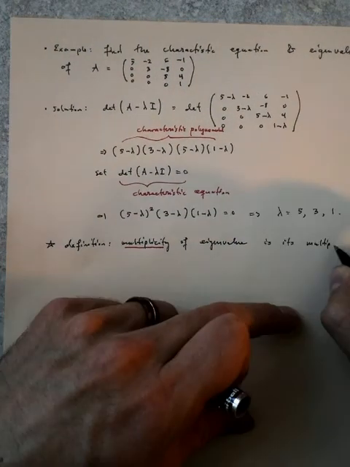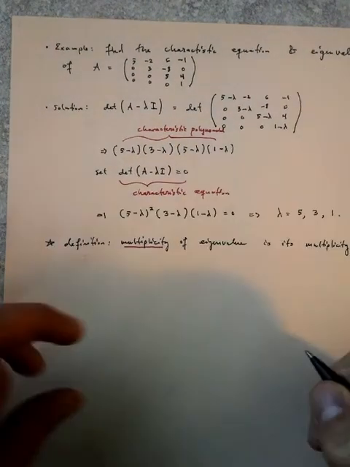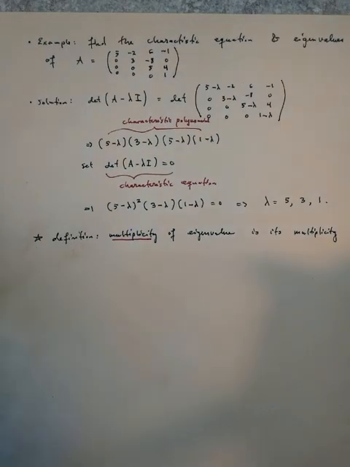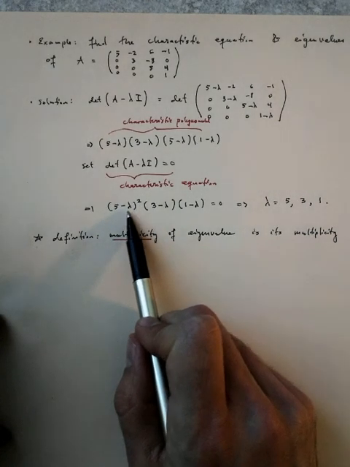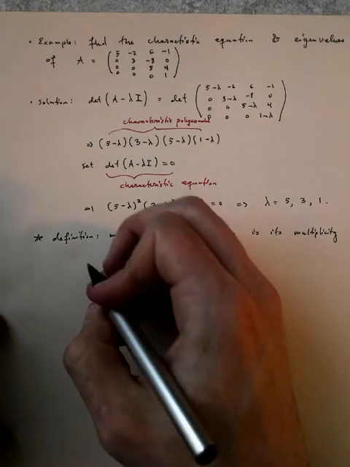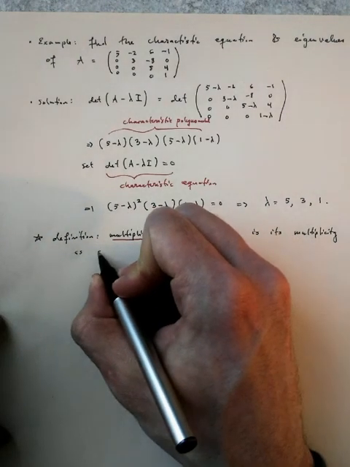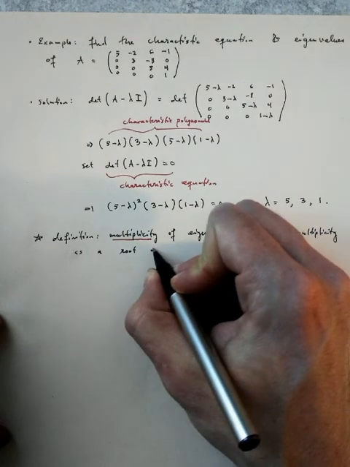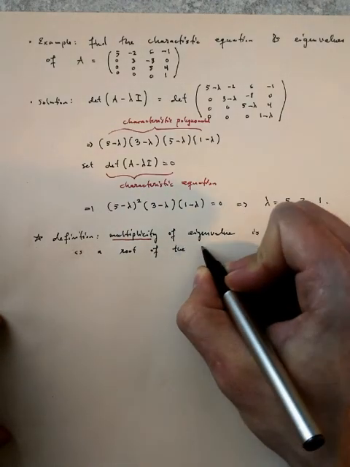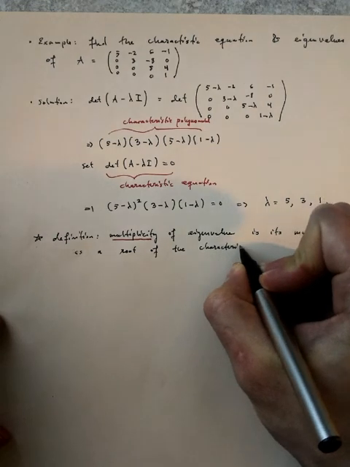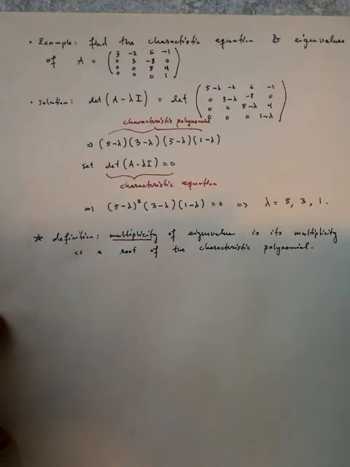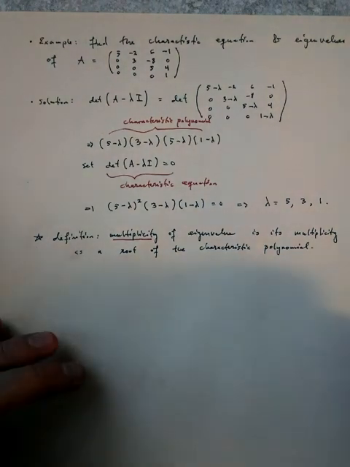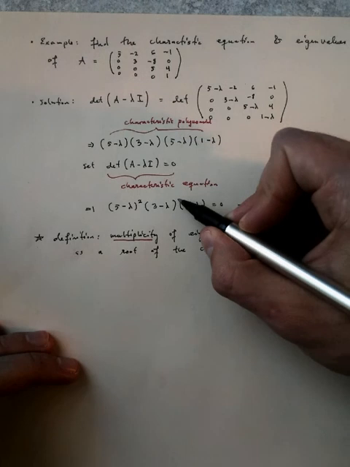So multiplicity has a meaning in regular algebra, not linear algebra, as just the number of times that a root is repeated in a polynomial. Okay, so the powers on the roots, when you've got the polynomial factored, tell you the multiplicity.